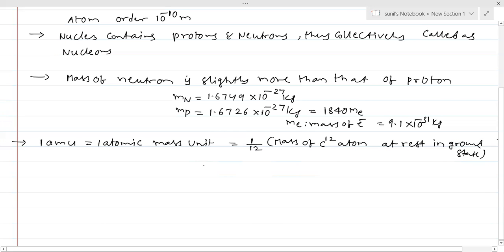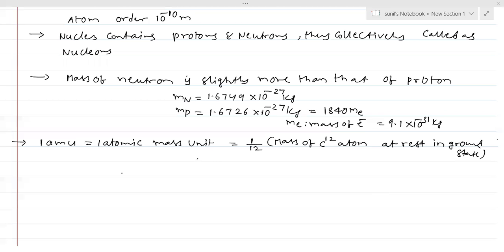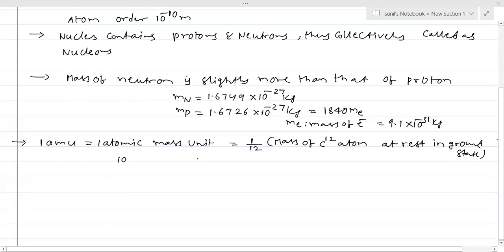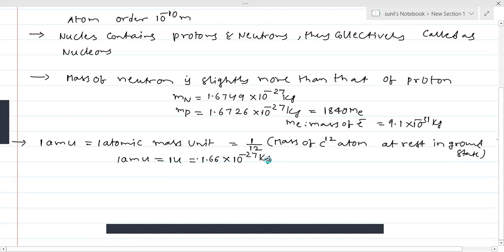This 1 AMU is also symbolized as 1 u, and it equals 1.66 into 10 power minus 27 kilograms.